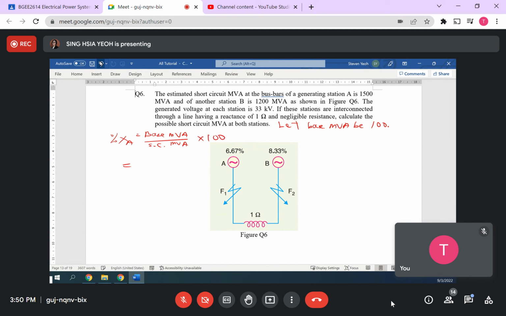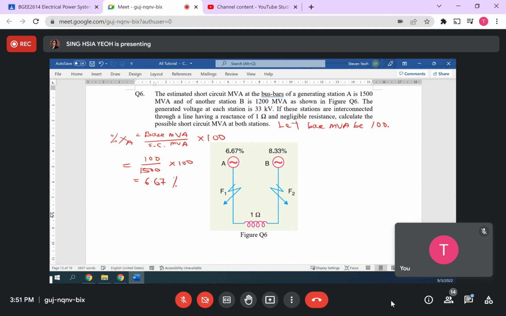So your base MVA given is 100, then short circuit MVA will be given here, 1005, then times 100. So it's actually equals to 6.67%.